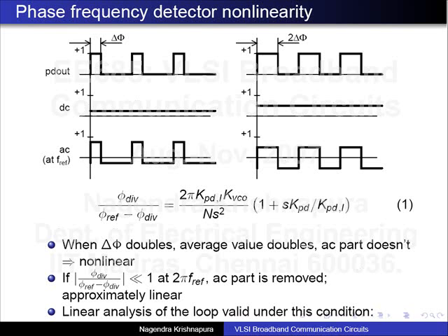No, this analysis is valid even in time domain. Let's say you apply a phase jump. Based on the closed loop transfer function, you can find out the output phase jump. That relates the increment in the input phase to the increment in the output phase. You add that to the operating point and you get the right values. There is no issue there. Only if you jump the input frequency by a large amount, you can't use this.